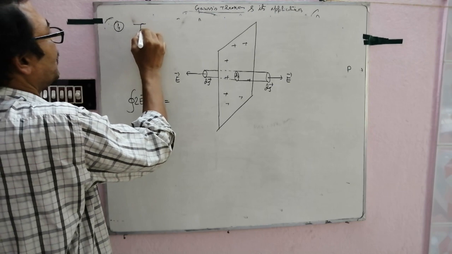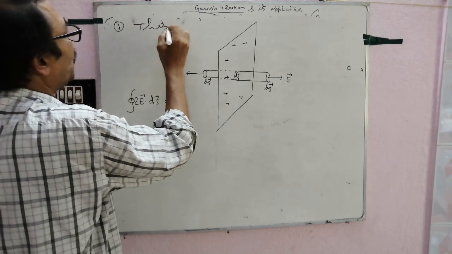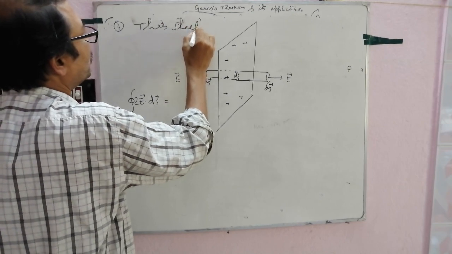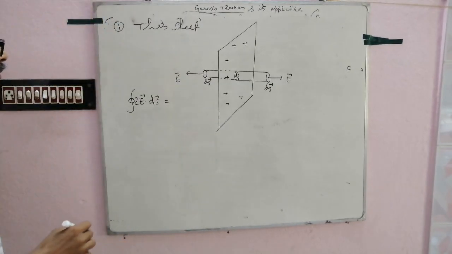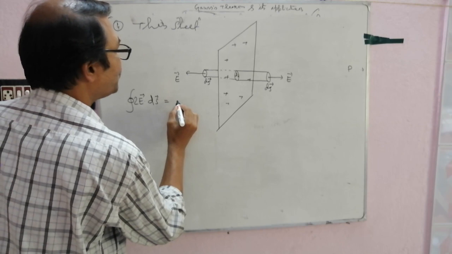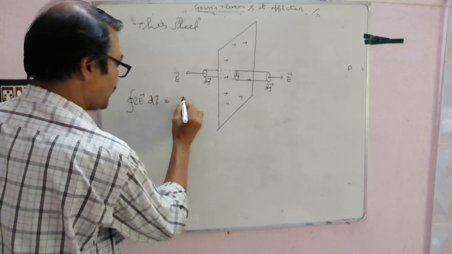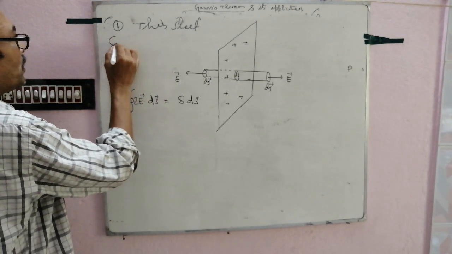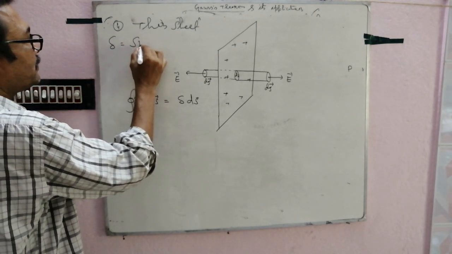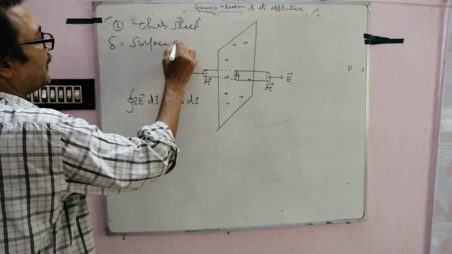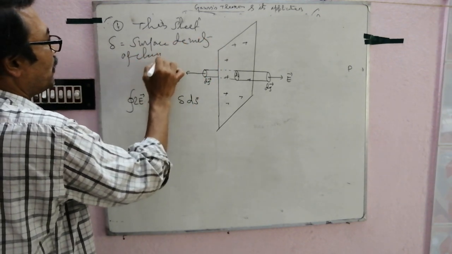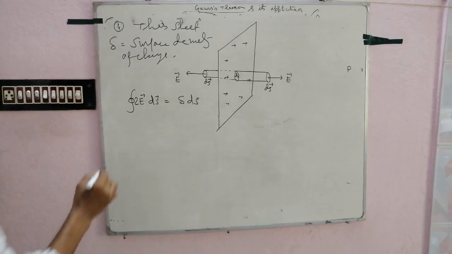For application number 4, I mentioned an infinitely long thin sheet. Total charge: if sigma is the surface density of charge, then the total charge is sigma ds.